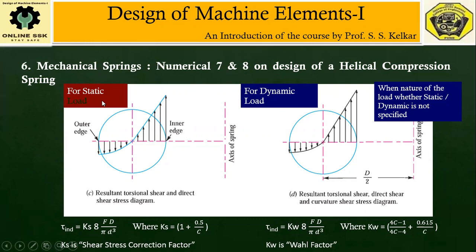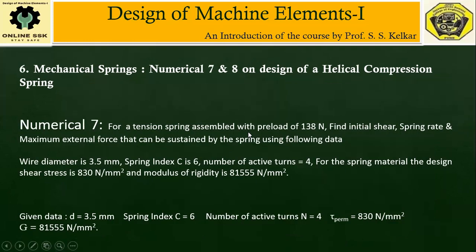If the nature of the load is static, then we have to use Ks, the shear stress correction factor. If the nature of the force on the spring, whether static load or dynamic load, is not known, in such cases we have to assume dynamic load and take into account Wahl's factor Kw for analysis of the spring.